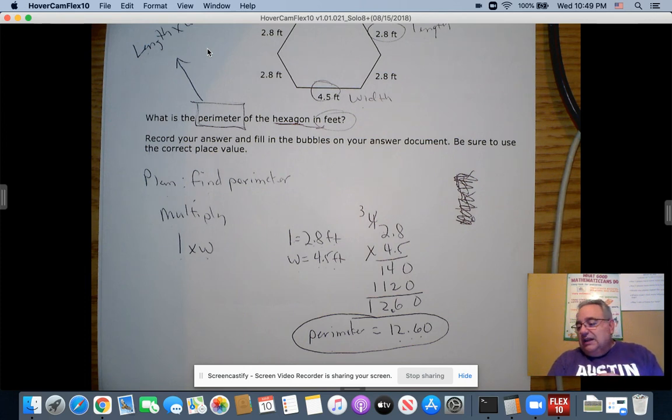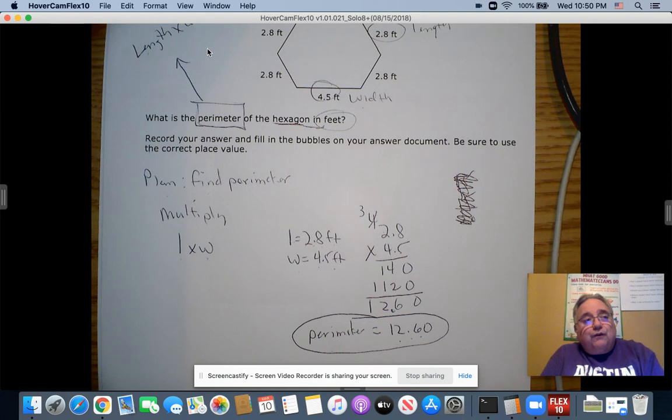You've seen an example here of how we can look at a problem. It's important to have a plan. So my plan is to find the perimeter, but we got to make sure we have the right formula. So use what is available to you. Make sure you use the reference sheets. That's one of the ways you can identify your errors.